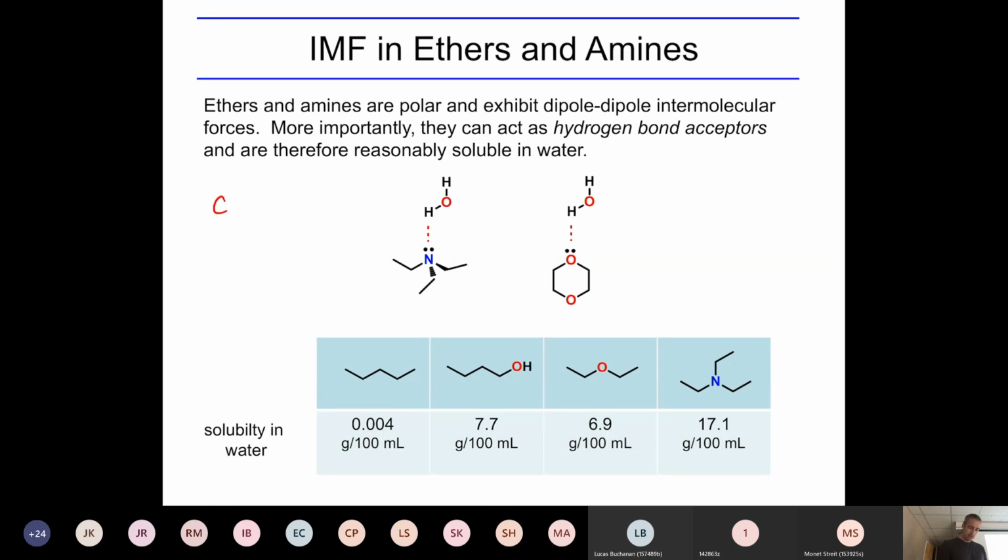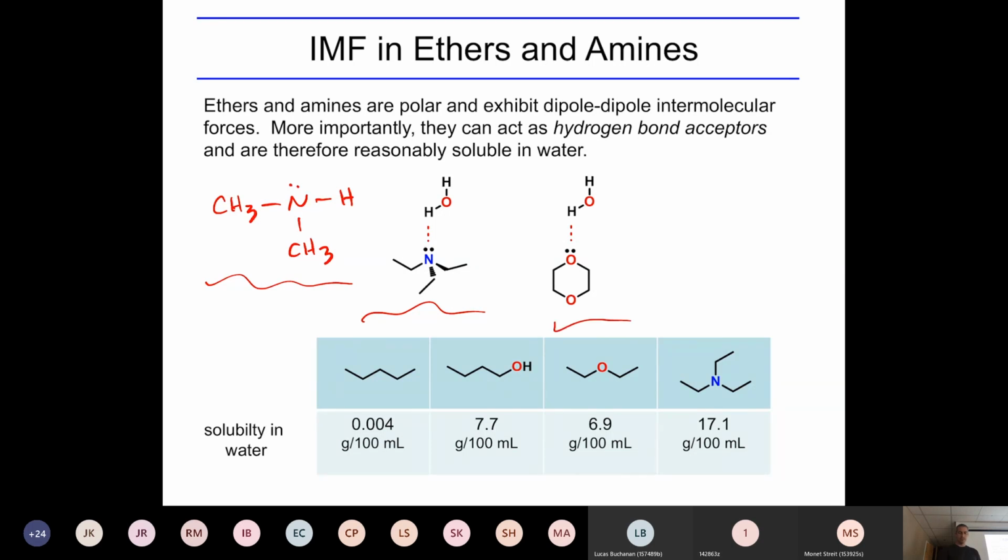Like CH3, N, CH3, H. This would be a hydrogen bond donor and a hydrogen bond acceptor, because it has a lone pair on the nitrogen, which makes it an acceptor, and an NH bond, which makes it a donor. But even something like triethylamine can hydrogen bond with water as a hydrogen bond acceptor.